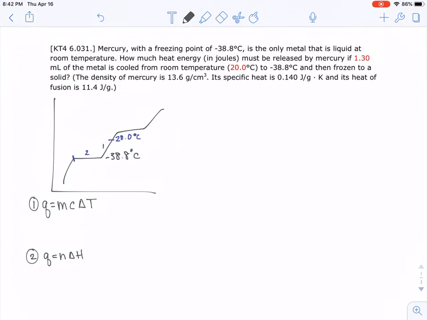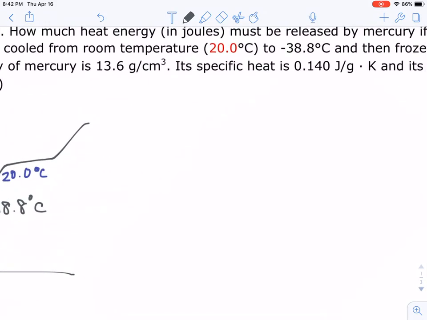I am not given the mass. I'm actually given the density and the volume, so I'm going to have to solve for my mass. I'm going to do that over here. So I know that density is mass divided by volume, and that volume times my density will give me my mass.